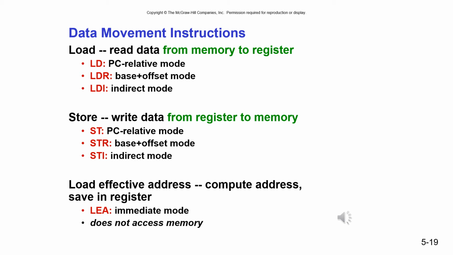In store, when we're done with data that was processed by the processor and we want to store it to memory, maybe it was in a destination register from a series of operations, and then we want to get it out so we can use that register for something else. We want to store it in memory. We're going to use one of the store commands.